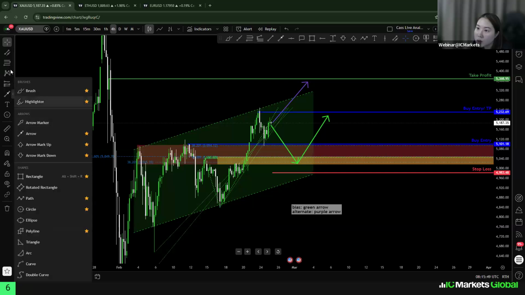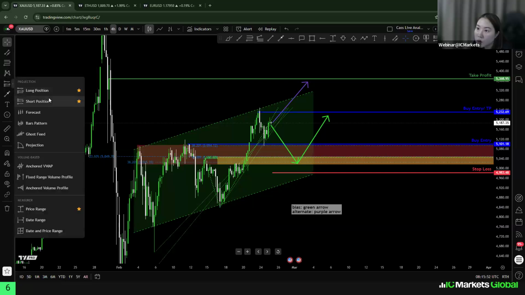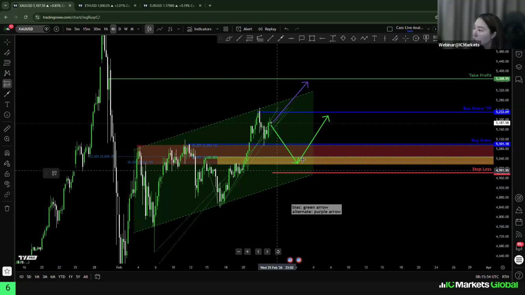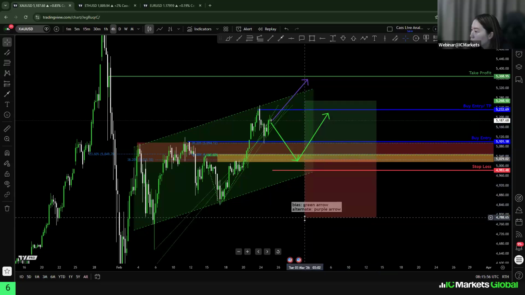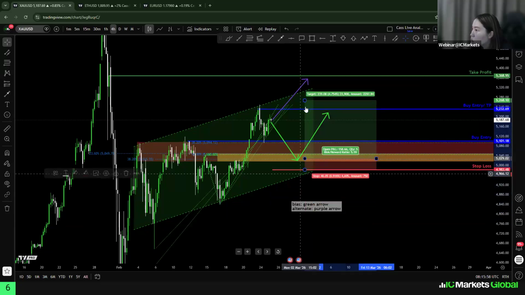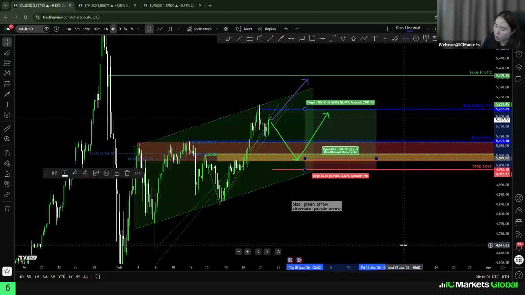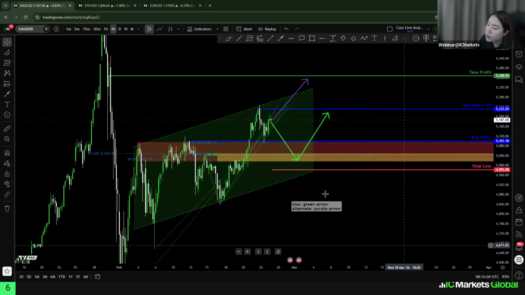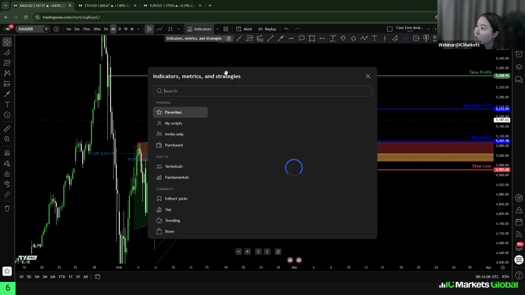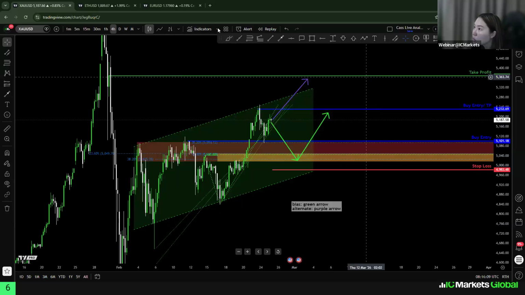This would be a very good setup if it reaches the dot. I foresee this being a very nice and clean setup. Okay, I'm happy with this. Hoping it works out. Let's pull out some indicators.